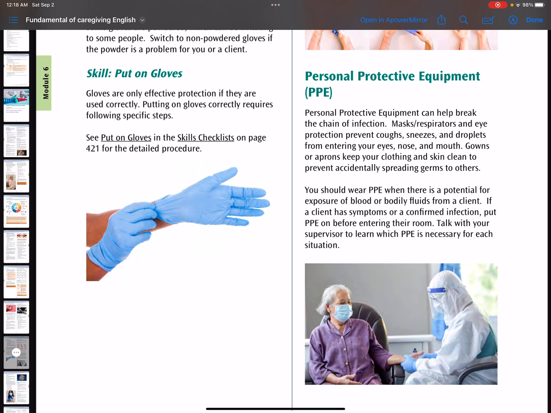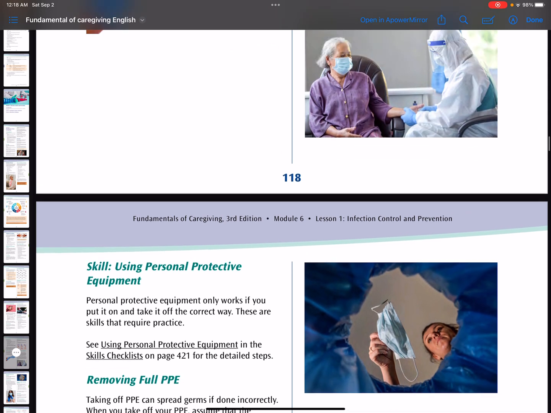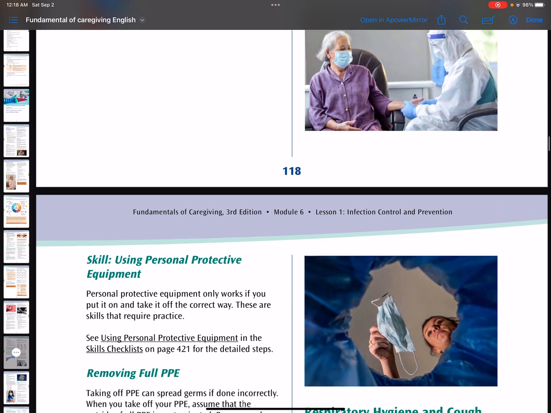You should wear PPE when there is a potential for exposure to blood or bodily fluids from a client. If a client has symptoms of a confirmed infection, put PPE on before entering the room. As you can see, this person has full PPE on.